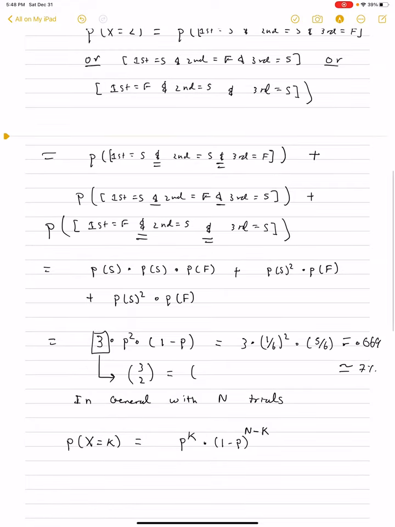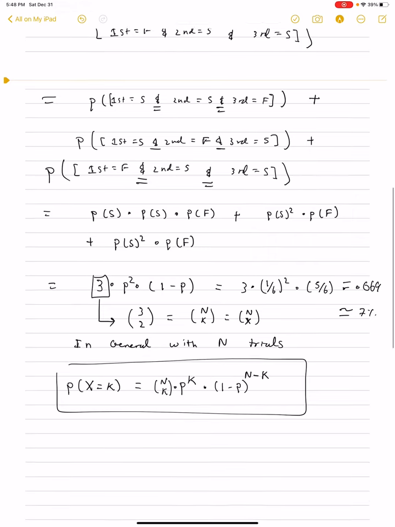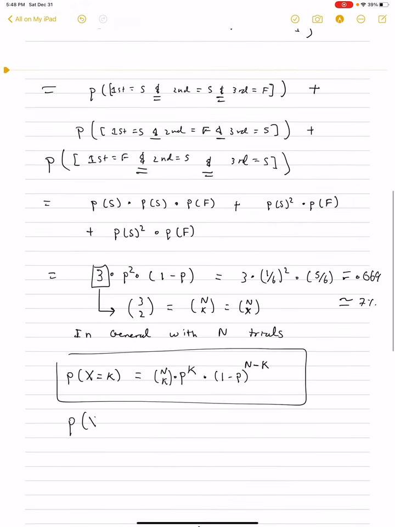So this will be n choose k, or n choose x, depending on your random variable. Here I said x is k, so it'll be n choose k in this formula. If you were to write this as probability x equals little x, as the book does, this will be n choose x times p to the x times 1 minus p to the n minus x.